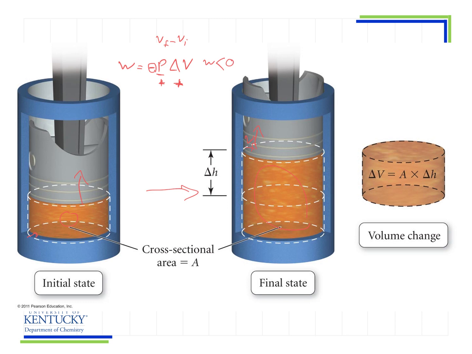So the formula also matches what we've learned before. So the delta V is positive because it's an expansion. So when the delta V is positive, the pressure is positive, so the work is negative. Okay, so whenever you have expansion in gas, you will have a negative work. Whenever you have compression, you will have a positive work, because for compression, the surrounding is doing the work on the system, so the work is positive.